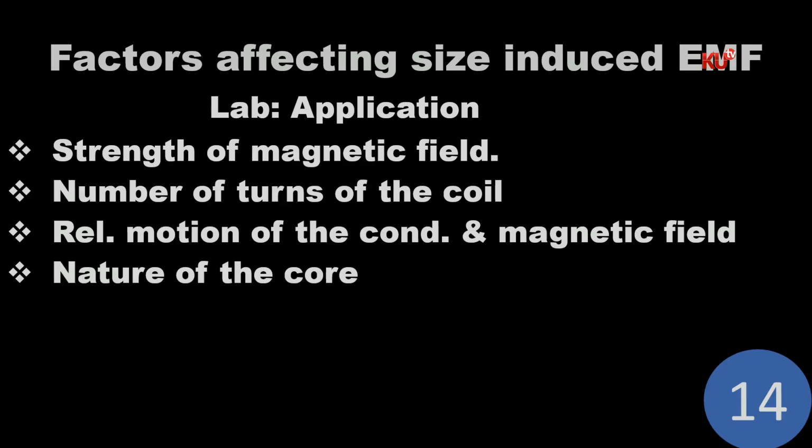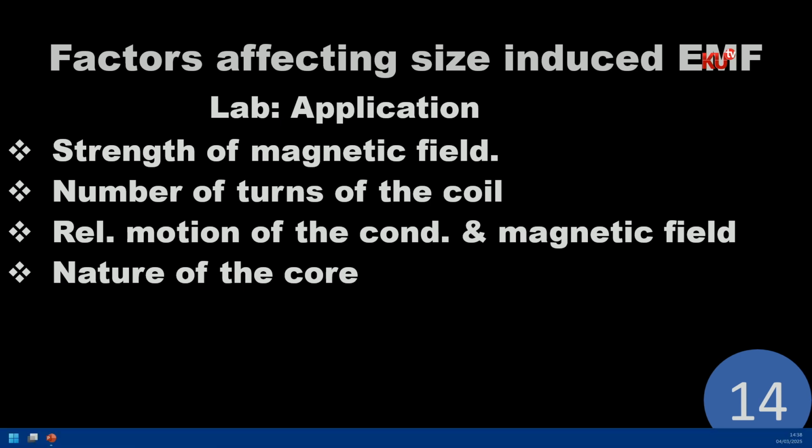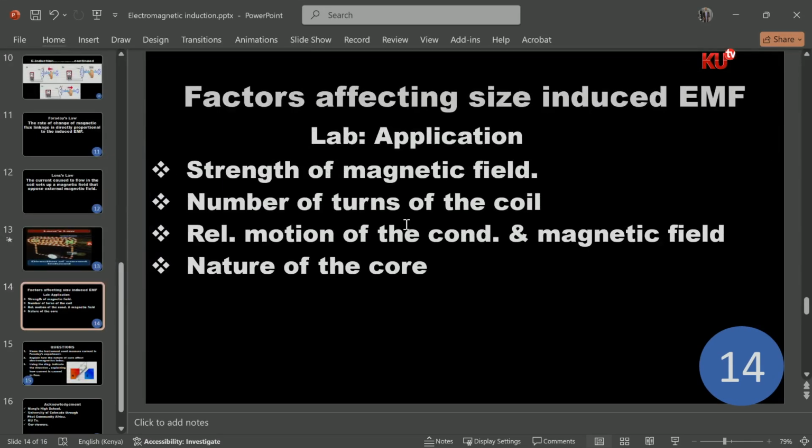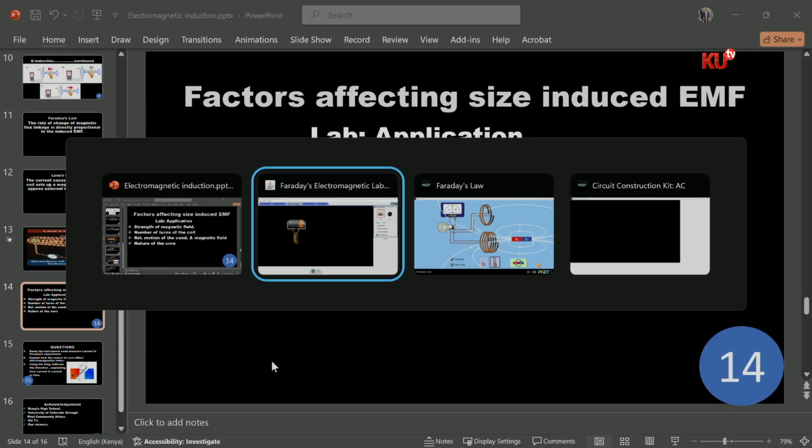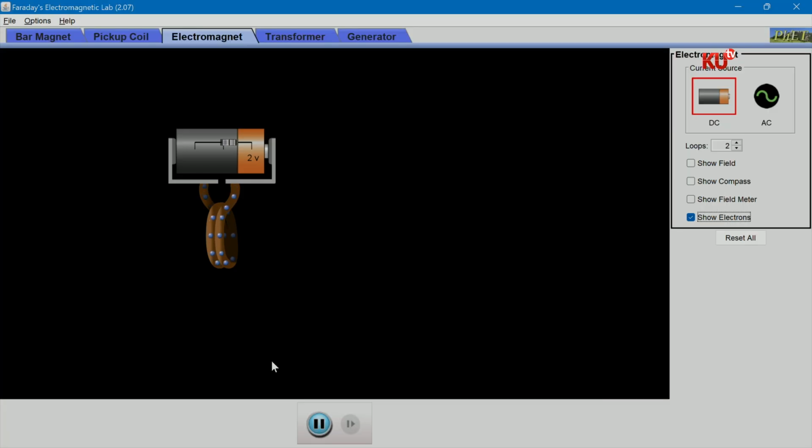So what is the effect? The effect is that when the bar magnet is made to move into the coil, not all the magnetic filaments link to the coil. They move astray, some of them. And so to ensure total linking of magnetic flux into the coil, then we use a soft magnetic material. This can be an iron rod, which concentrates magnetic field inside the coil.